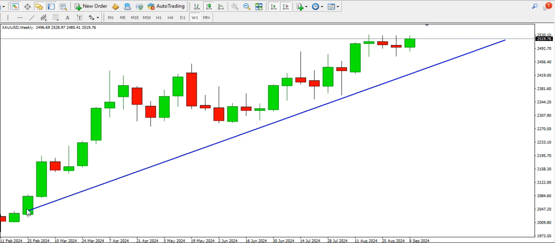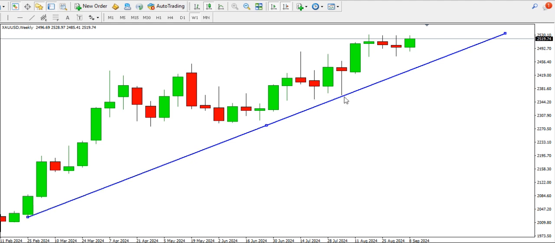Price is moving gradually, with a touch of the trend line around here. You can see the price is projecting forward, and price is also giving us a clue of a continuous bullish flag pattern.